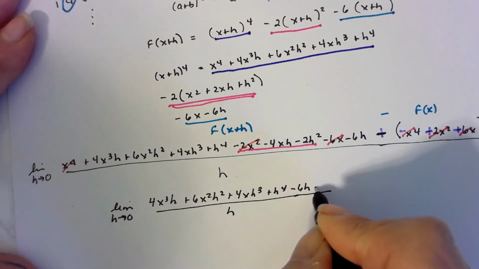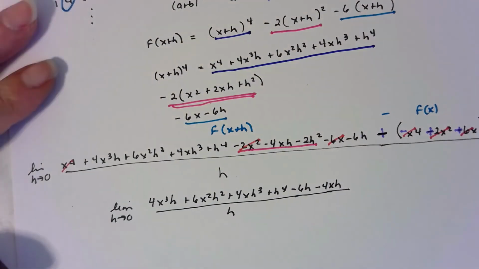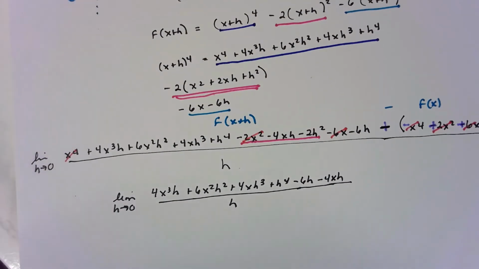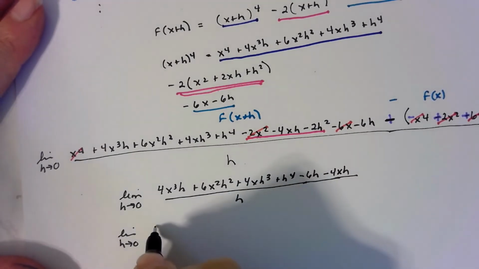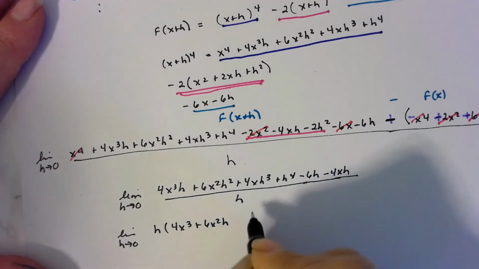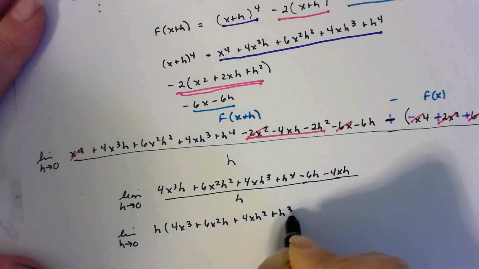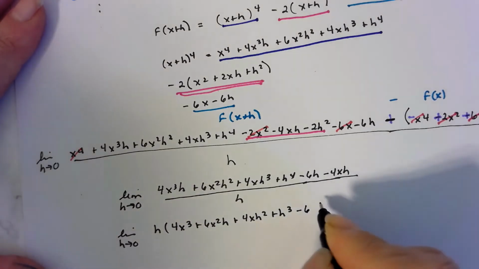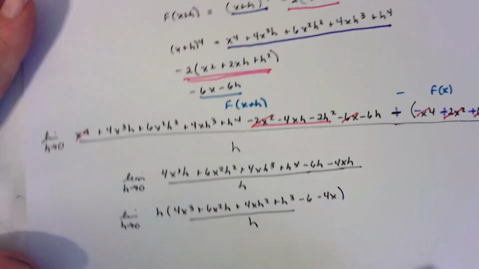So it's a minus, so let me include that in there. And now I'm going to factor out my h. So the limit as h approaches 0 of h times 4x cubed plus 6x squared h plus 4xh squared plus h cubed minus 6 minus 4x, all over h.